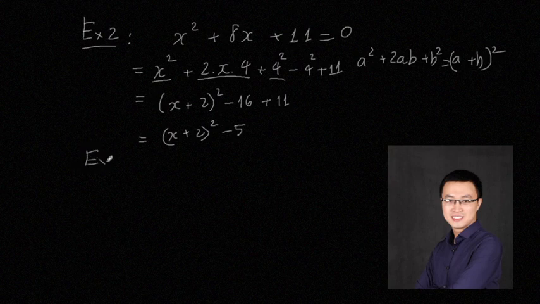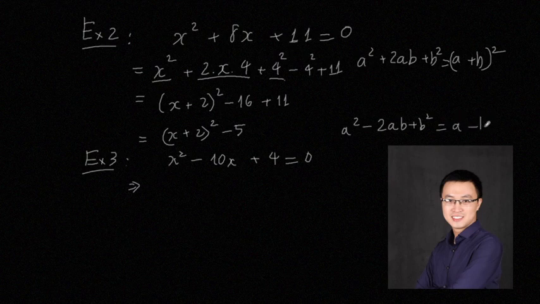Okay, one more example. x squared minus 10x plus 4 equals 0. For this one I will apply a squared minus 2ab plus b squared equals (a minus b) squared.